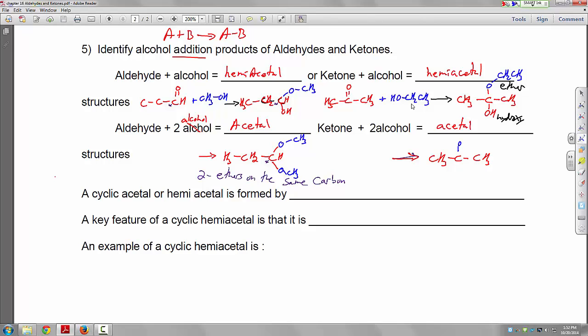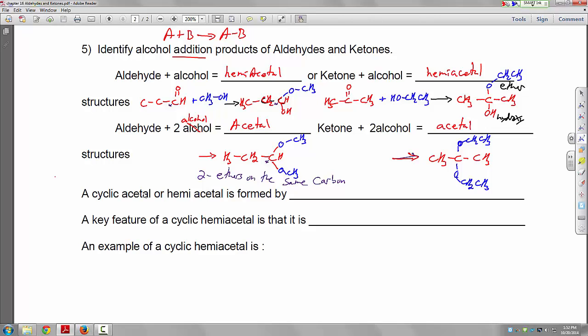So we have an ether on the top and an ether on the bottom. CH2, CH3, so 2-carbon alcohol, ethanol. Again, carbon, oxygen, carbon, carbon, oxygen, carbon. So 2 ethers on the same carbon gives you an acetal.